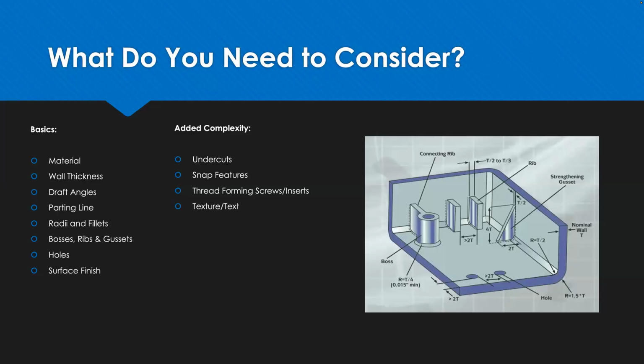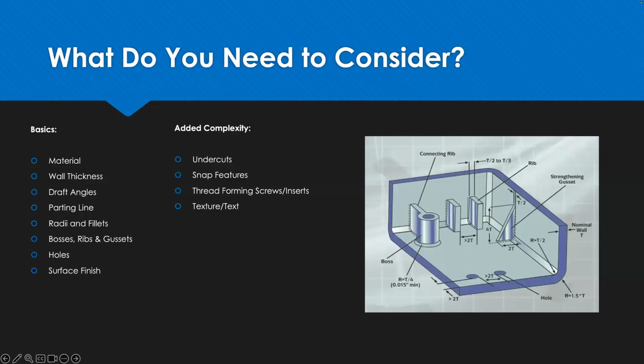So that's where your draft comes in, so you can actually get your part out of the mold after it's injected. Keep in mind where your parting line is, which is essentially the line that separates your one half from the other, your core and your cavity. It's essentially the meeting line of those on the part.